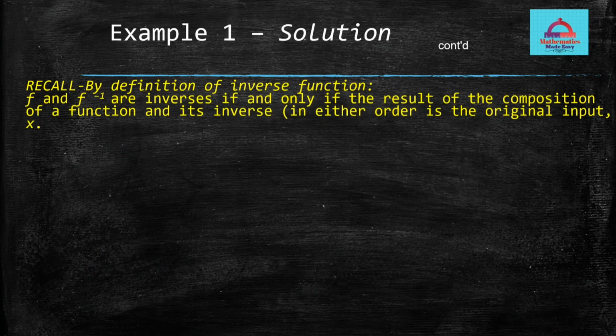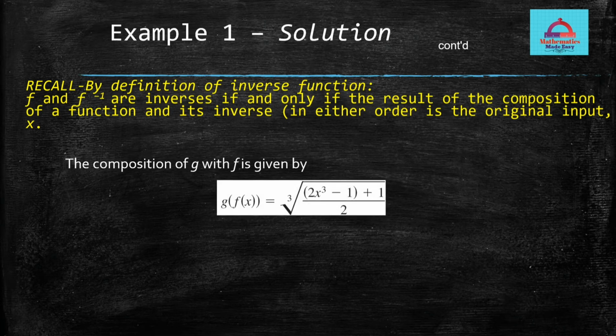Before we calculate the other part of the composition, I would want you to recall the definition of an inverse function from the previous video. So how are you going to verify that the two functions f and g are inverses? Remember, this is coming from the definition, very important: if and only if the result of the composite function and its inverse in either order is the original input.